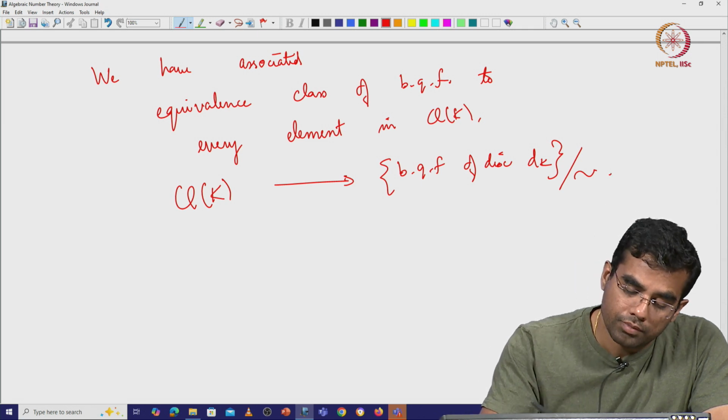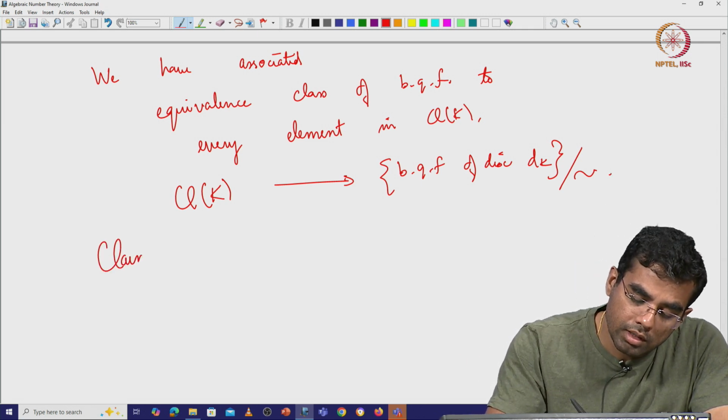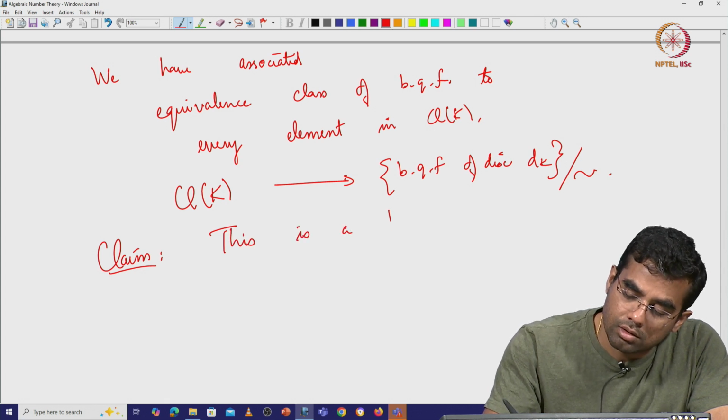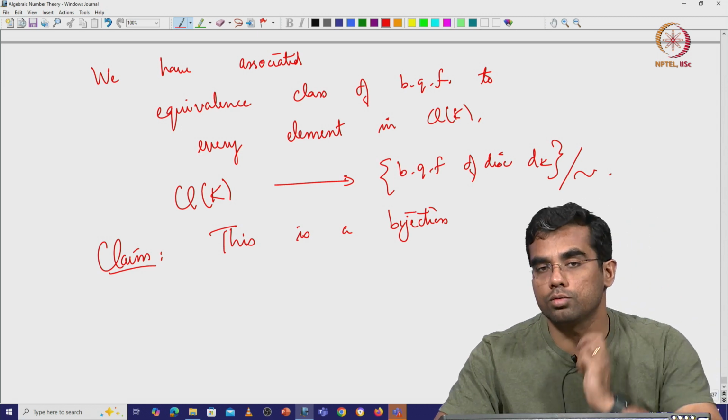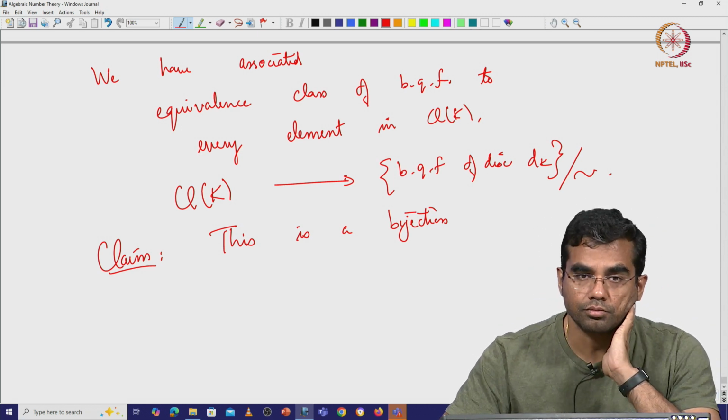And the claim is that this is a bijection, which means that this function is 1 to 1 and onto.